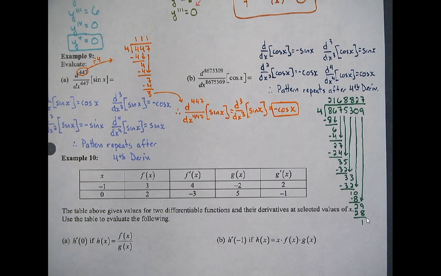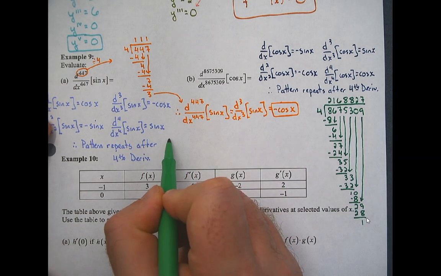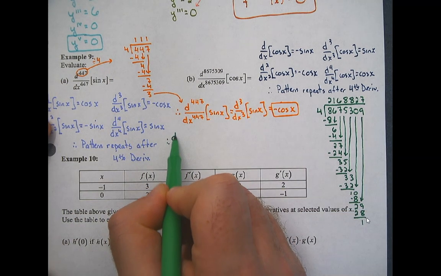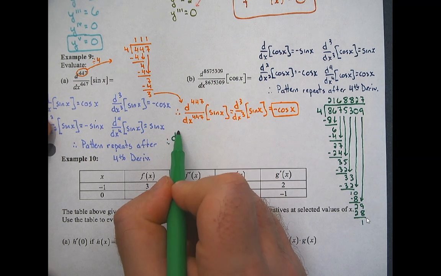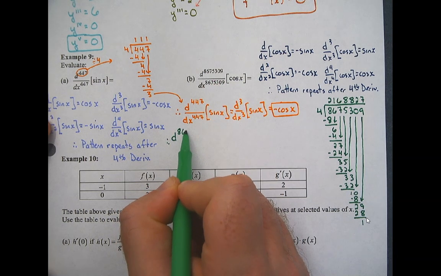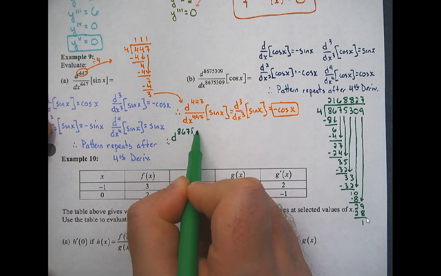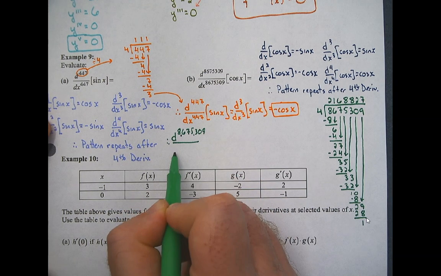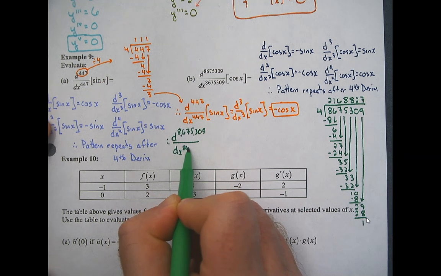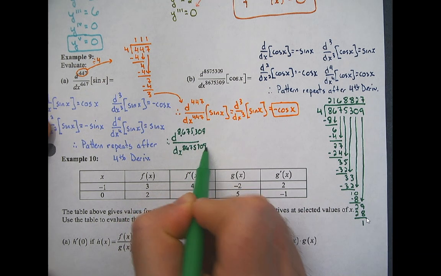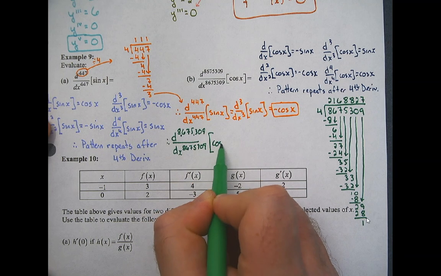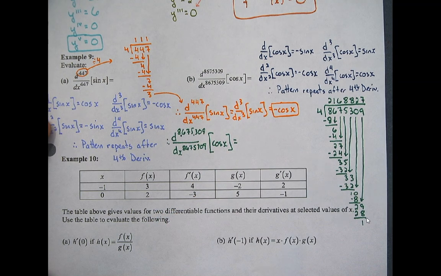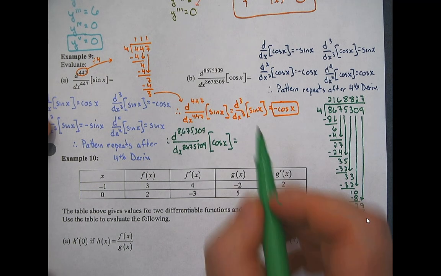So the derivative, I guess I'll write it in green. Therefore, the, oh boy, what number is that? 8 millionth, 675th, 3009th derivative of cosine is exactly the same as the first derivative of cosine.